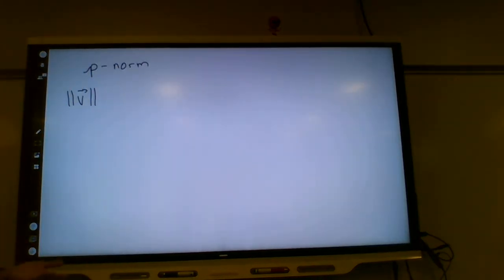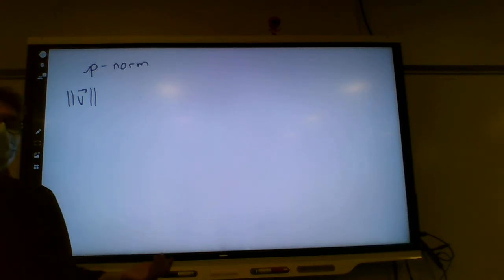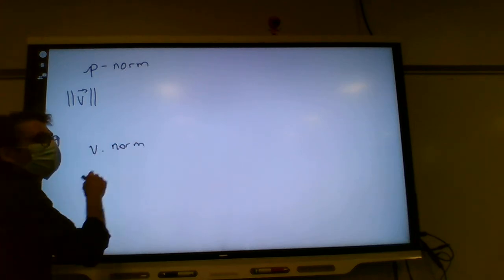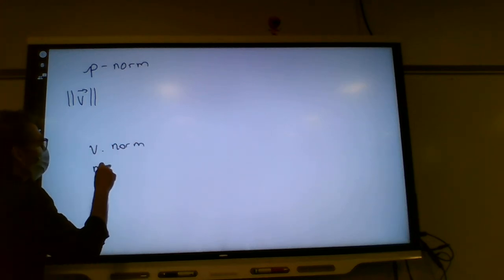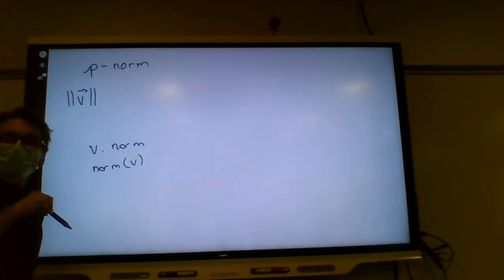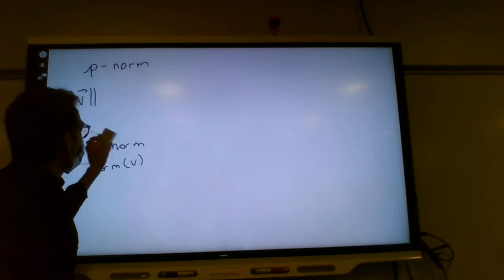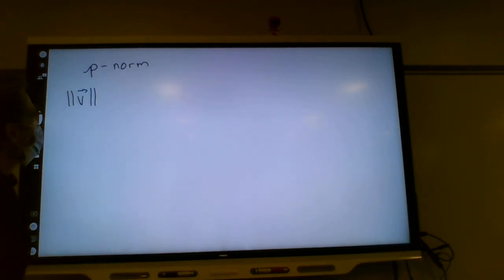Except when we're writing it in code, we'll write a function or method called norm. So maybe we write it as a method, v.norm, or if we write it as a function, norm of v. We would actually say the name instead of using notation or symbols like that.